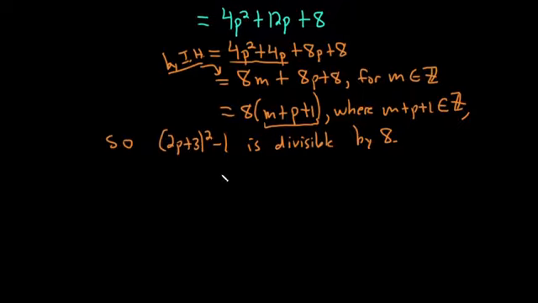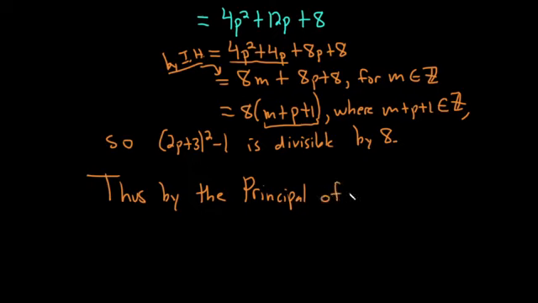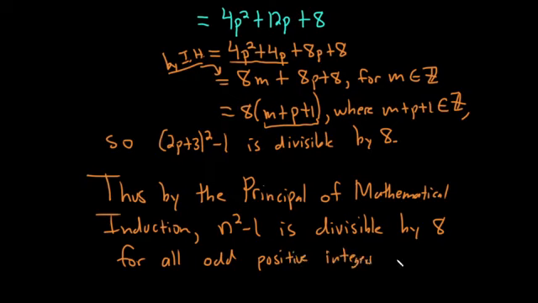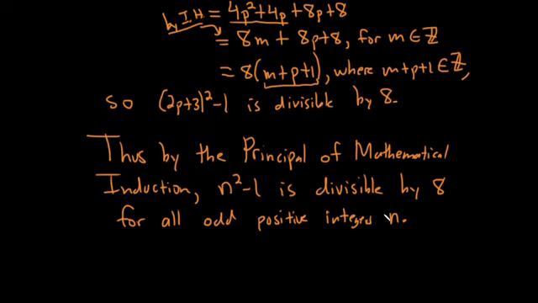So therefore, by the principle of mathematical induction, our statement, n squared minus 1 is divisible by 8 for all odd positive integers n, is true, and that completes the proof. So, yep, that's it. I hope this has been helpful to someone out there. Good luck.